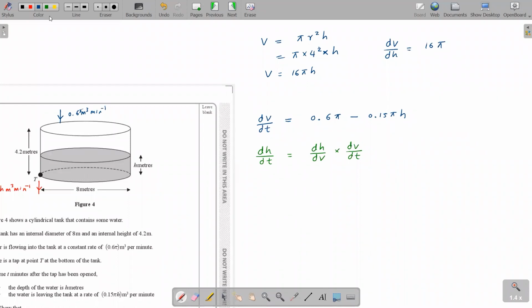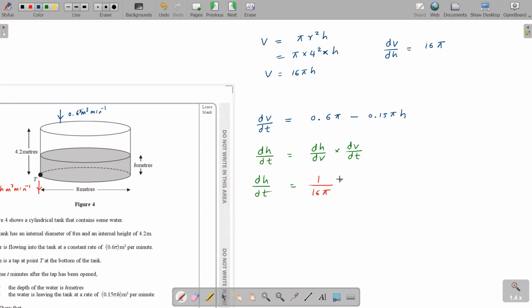Okay, so time to input that into the equation. dh by dt equals dh by dV, which is 16 pi into dV by dt. Do you agree with me? Sorry, dh by dV is the other way around, right? I have dV by dh is 16 pi, so dh by dV should be 1 over 16 pi.